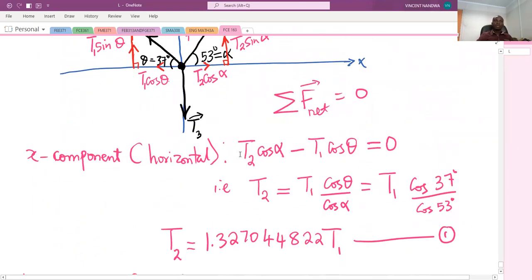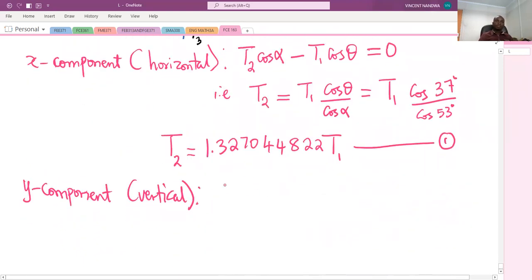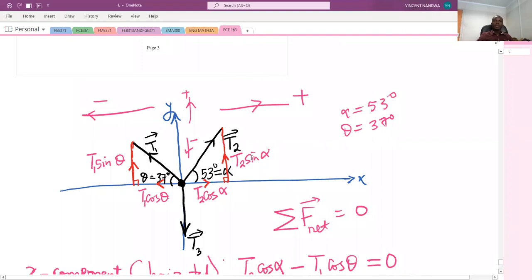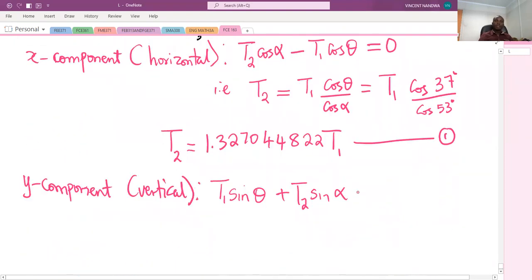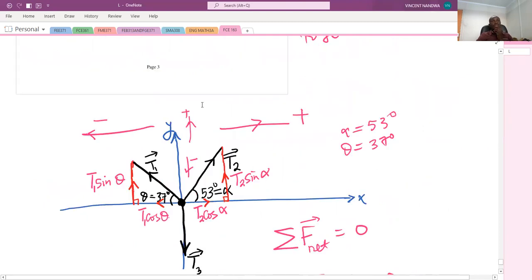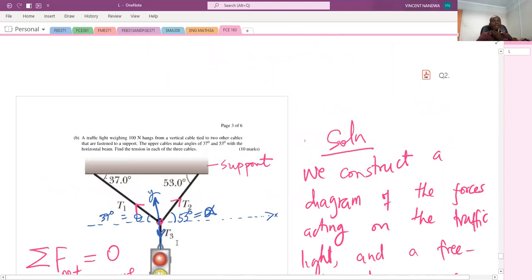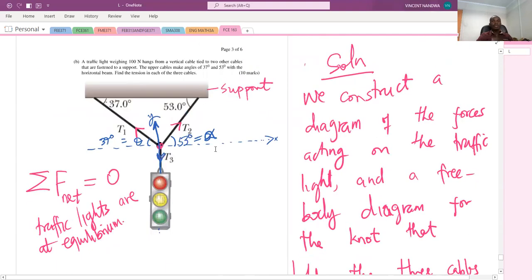So we have T1 sine theta plus T2 sine alpha, and then minus T3 should give us 0. T3, remember from the question, the weight of this traffic light is 100 newtons.